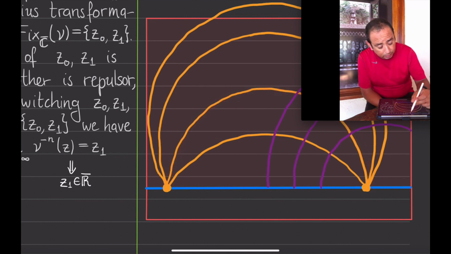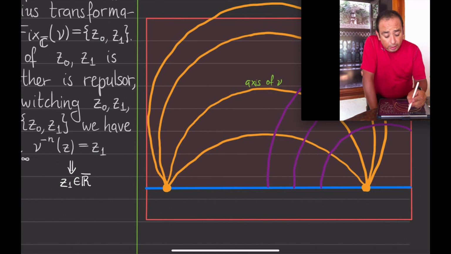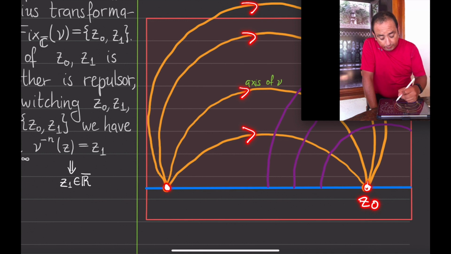So let me give the name here: it's the axis of nu. Now we know that the positive iterations of nu go in one sense, if this one is Z0, the attractor, and this one is the repulsor, or in the other direction, if this happened to be the attractor and this the repulsor.